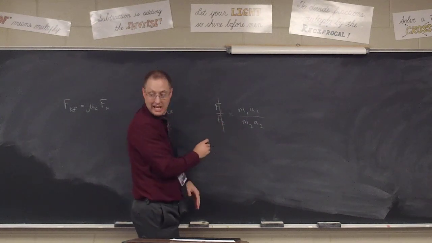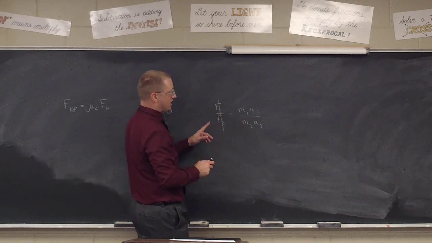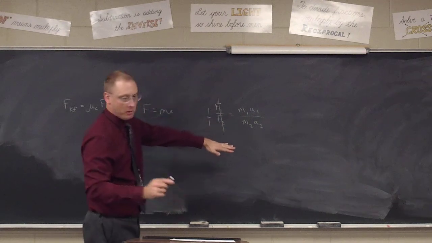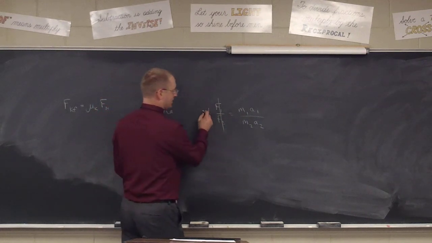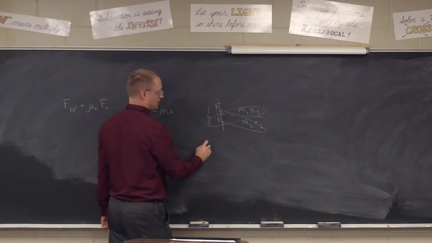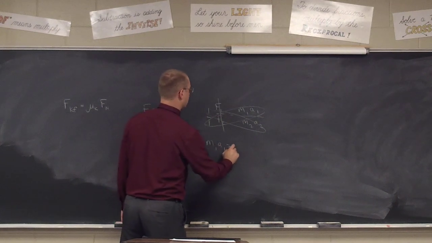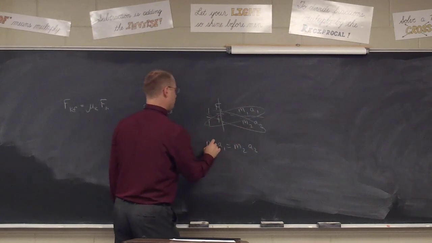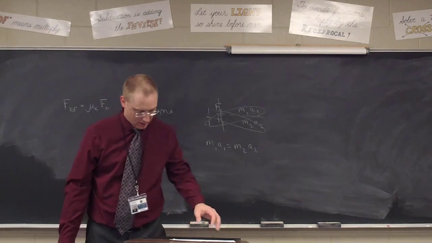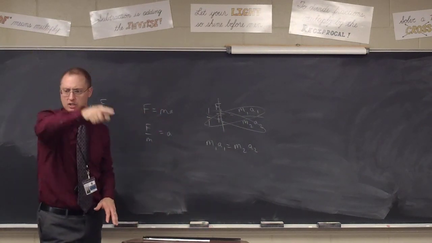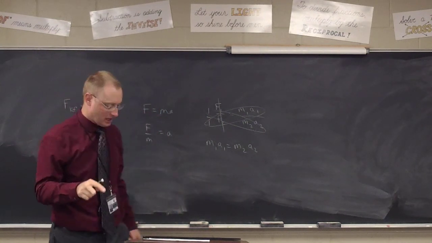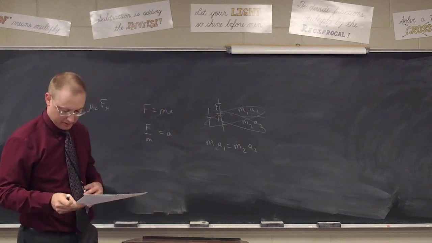So if the forces cancel, then you're going to have to multiply to get M1 times A1 equals M2 times A2. Yeah, there we go. So plugging it in like that. She's fixing it. We'll give the ladies just a moment here.